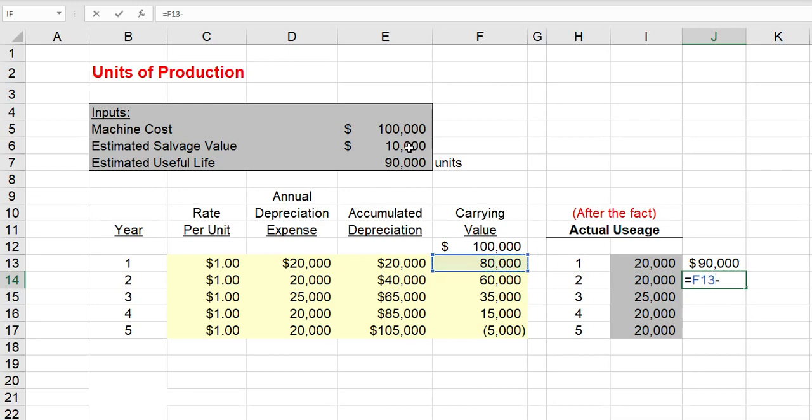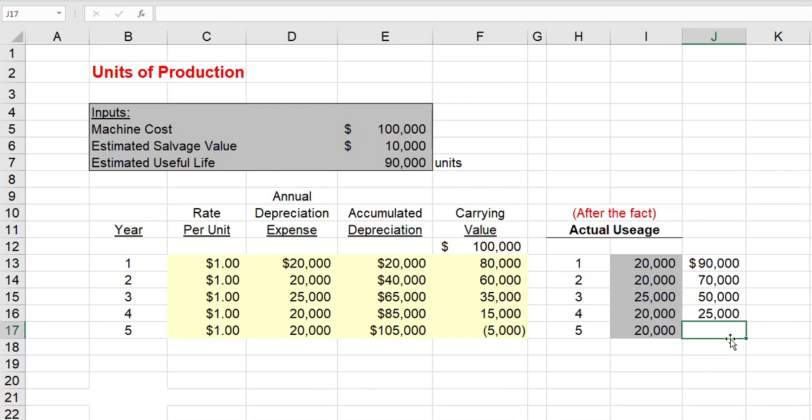We don't want to depreciate below 10, so we could take up to 70,000 in expense. In the third year, we've got 60,000 left over from year 2, minus our estimated salvage value. We could take up to 50,000 in depreciation expense. And then in the 4th year, we've got 35,000 minus the estimated salvage of 10. We could take up to $25,000 in depreciation expense.